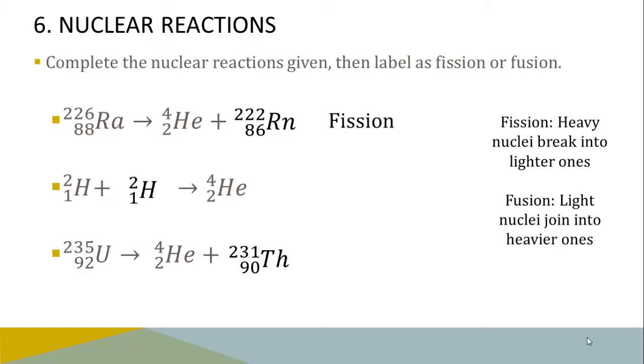So my first one is fission because I'm starting with a heavy element and I end up with 2 lighter products. Next one is fusion. I'm starting with 2 light hydrogen nuclei and they are fusing together into a helium nuclei. And my last one is also fission because I'm starting with a big heavy uranium atom, which is being split apart into smaller nuclei.